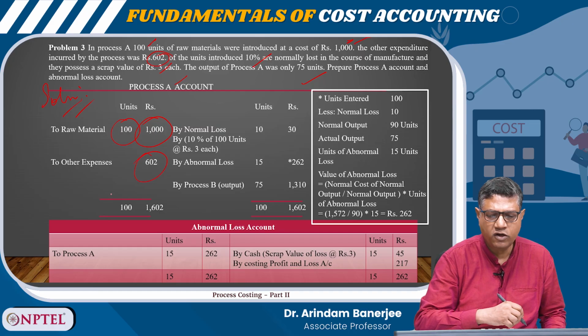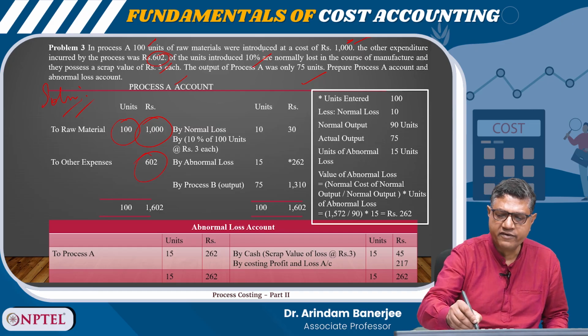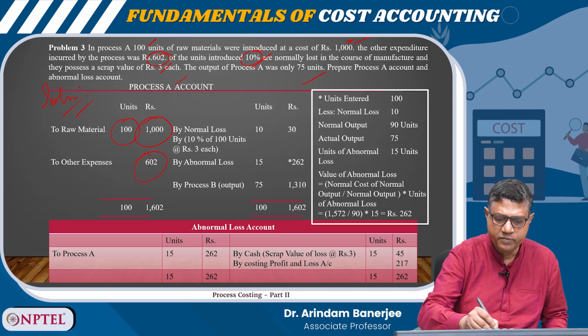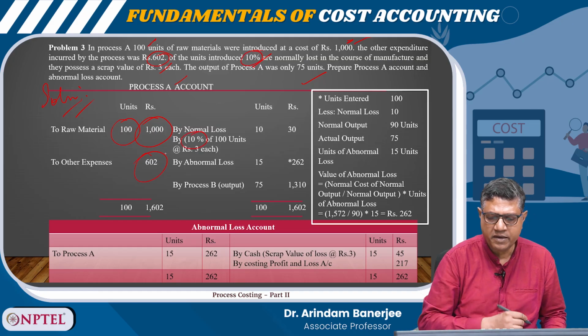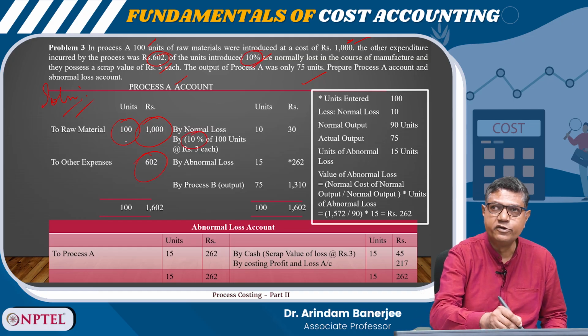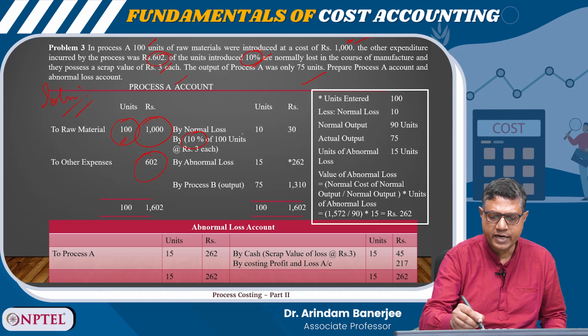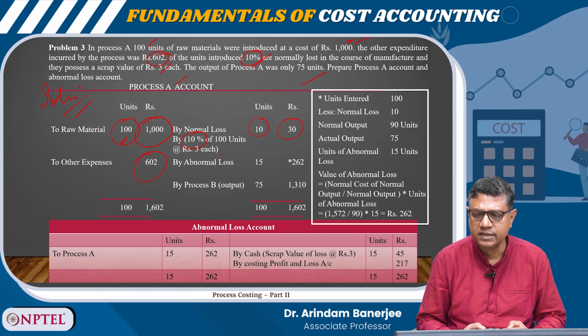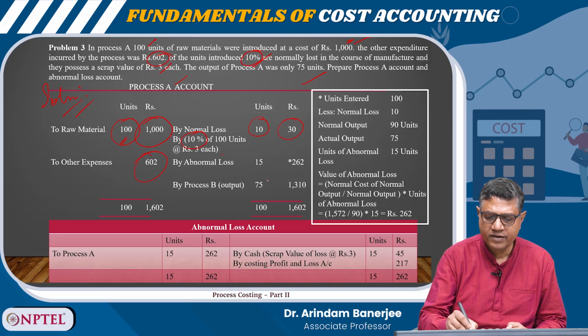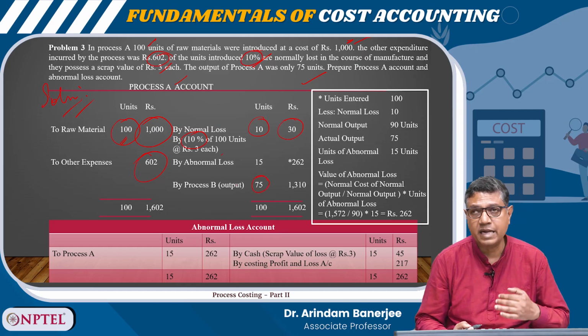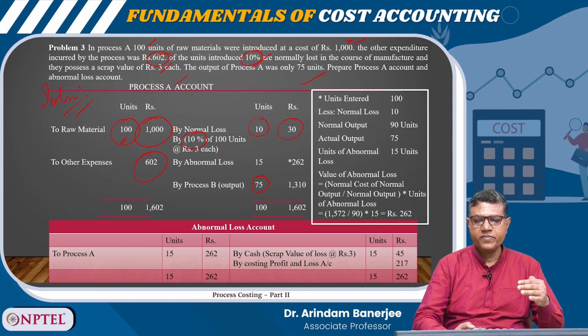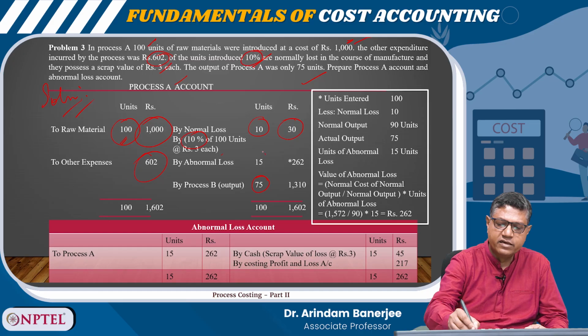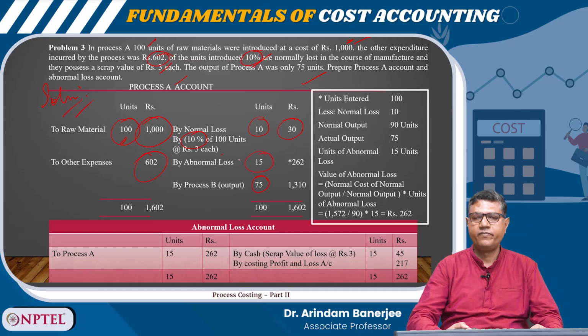The normal loss is 10%, so 10% of the 100 units introduced, that is 10 units at the rate of 3 means 30. But the output is only 75, so the balancing figure is 15 units, which is the abnormal loss.